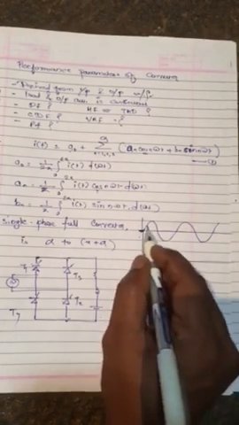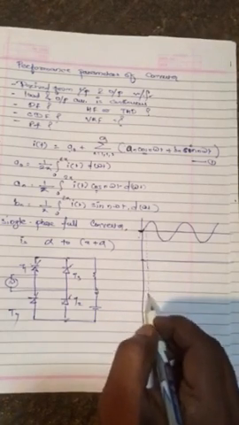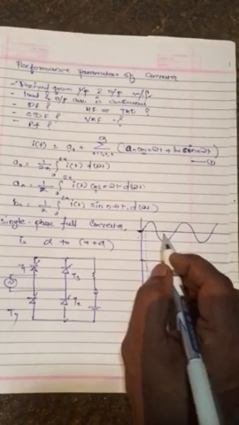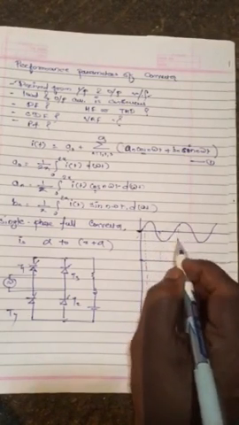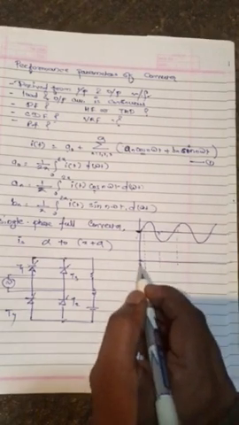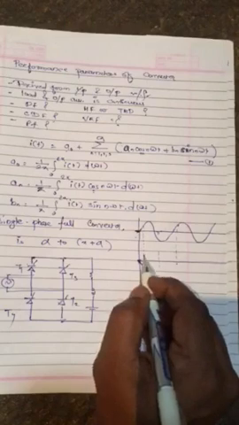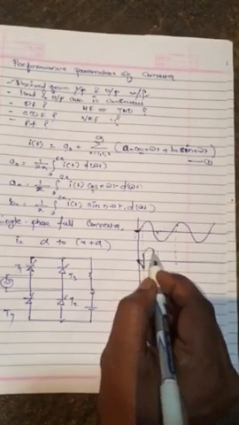If the firing angle is at this particular point, then as the load is inductive, it will conduct in the negative side. I have already taught you all this, just reminding you.